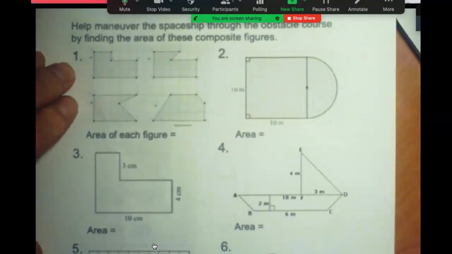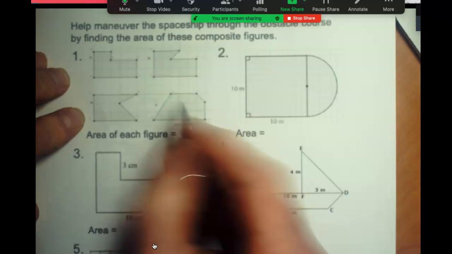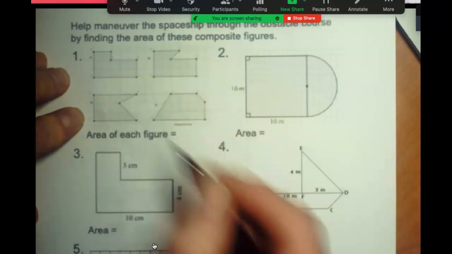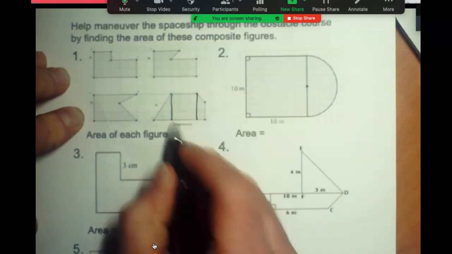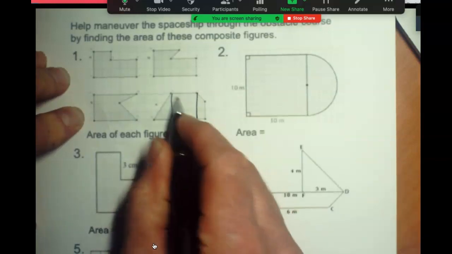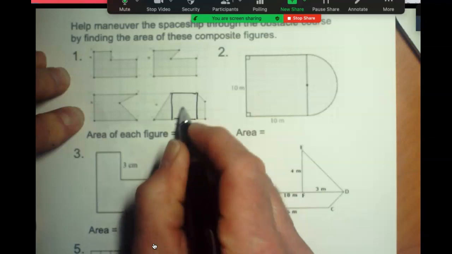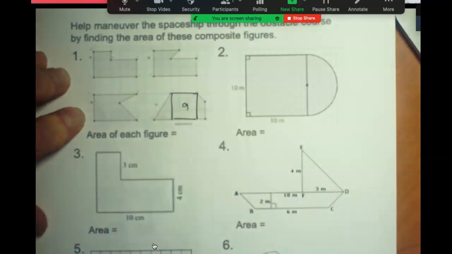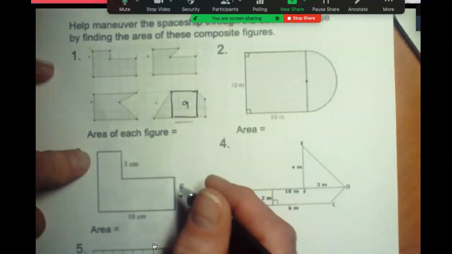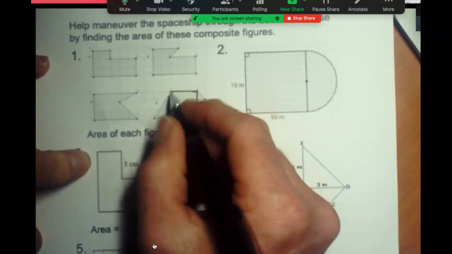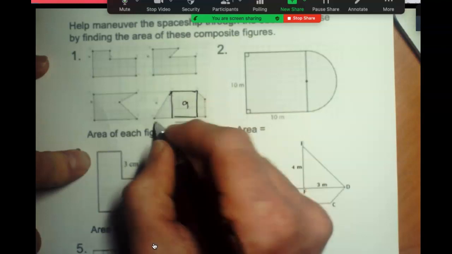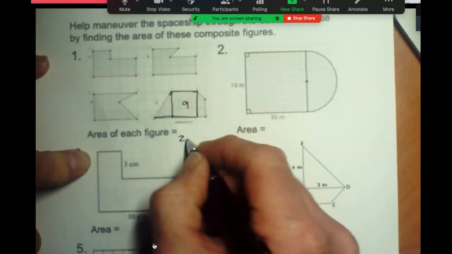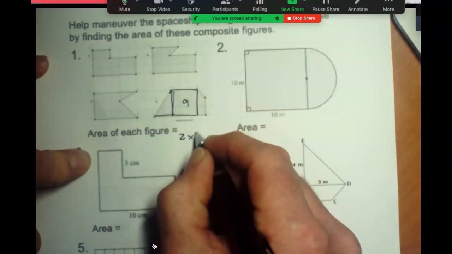Ones that you're counting are certainly much easier to do. For example, on this one here, I'm going to find this area right here. That's a 3 by 3, right? 3 by 3, so I've got 9 here. And then I'm going to find the area of this triangle here. And let's see, this triangle here would be, well, it's 2 times 3.